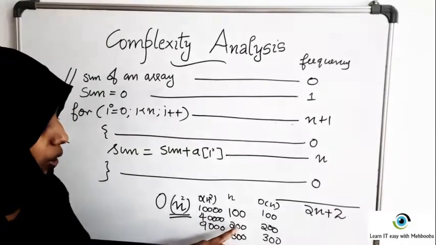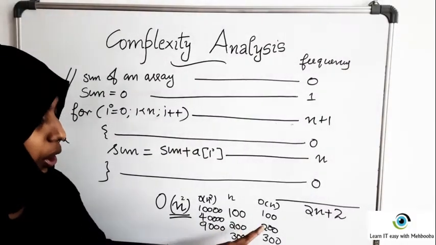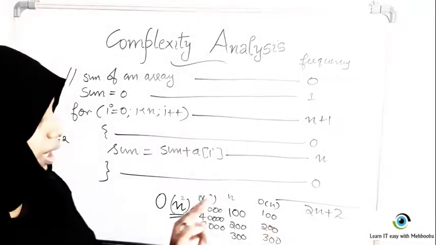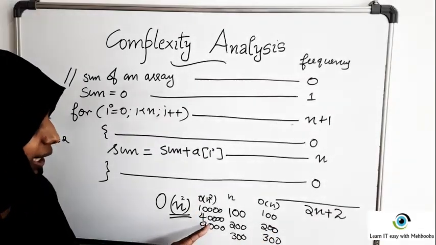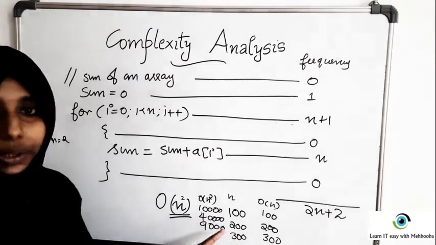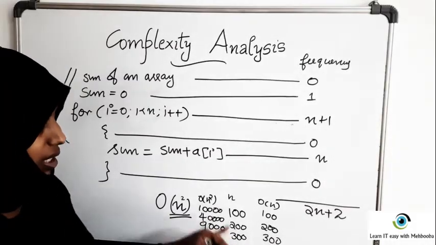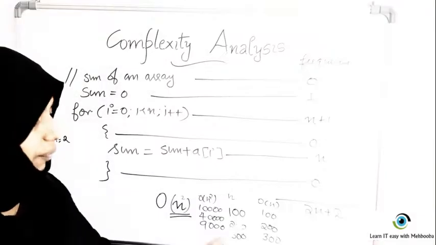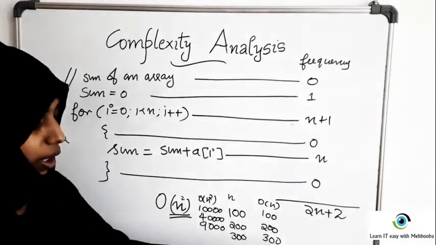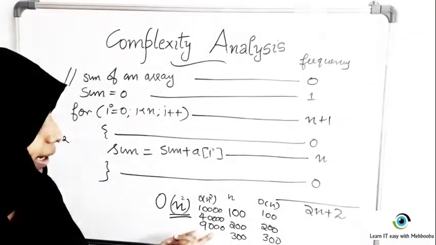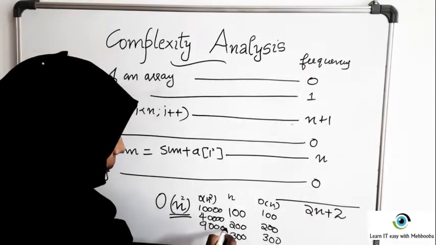If I am giving a program with the input size 200, your program will be executed in 200 units of time. But your friend's program will take 40,000 units of time for its execution. If I am giving you an input of size 300, your program will be executed within 300 units of time, but your friend's program will nearly take 90,000 units of time.